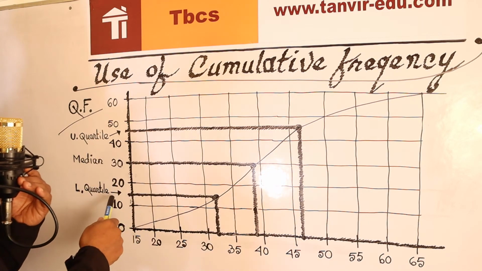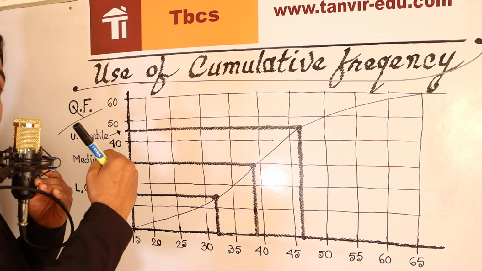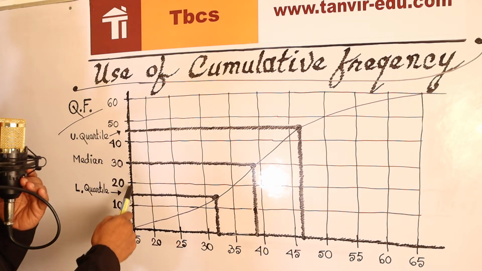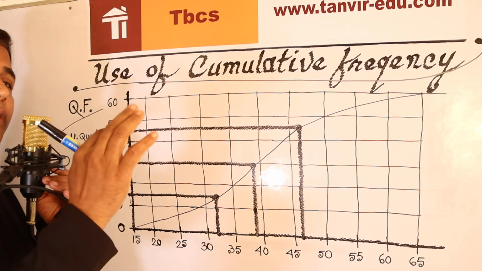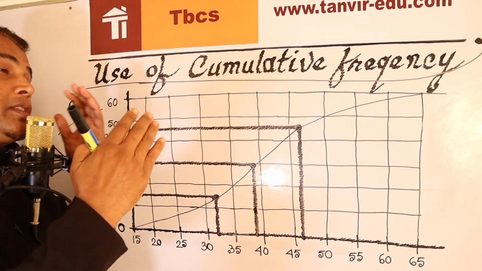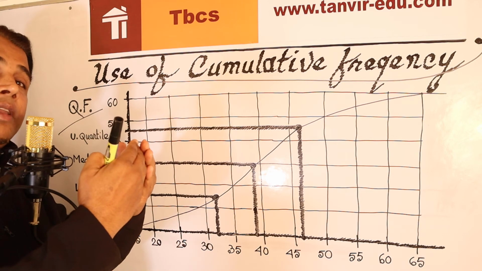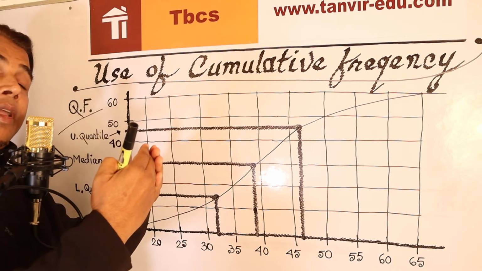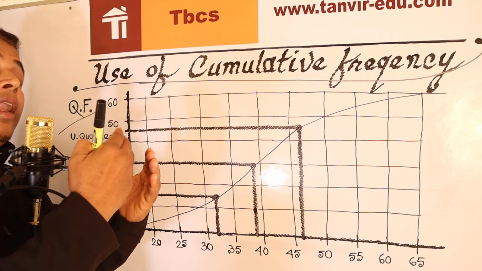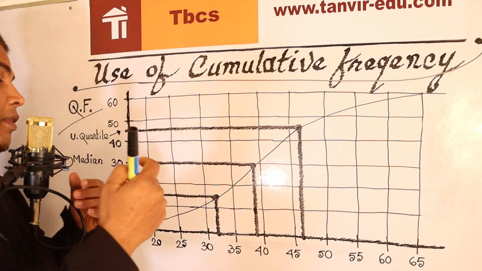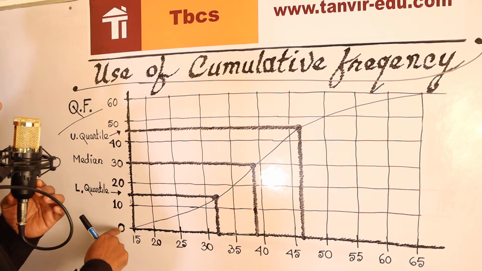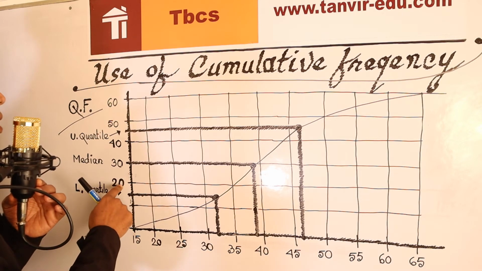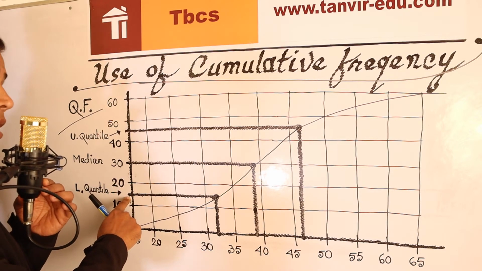So the lower quartile means the first 25%. If you divide this 60 into 4 quartiles, the first quartile is 15, then 30, the median, and the last quartile is 45. So the first quartile is 15. This is 0, this is 10, this is 20, so this is 15.